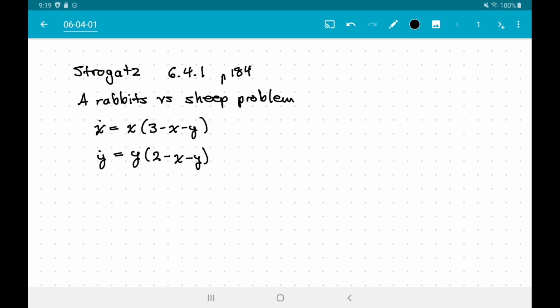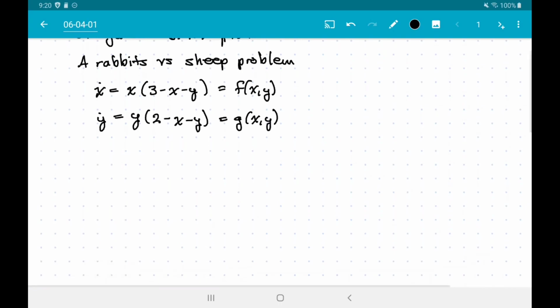So first of all, here is the system of two differential equations. x dot equals x times (3 minus x minus y), and y dot equals y times (2 minus x minus y). This is what I'd been calling little f of x and y, and this is little g of x and y.